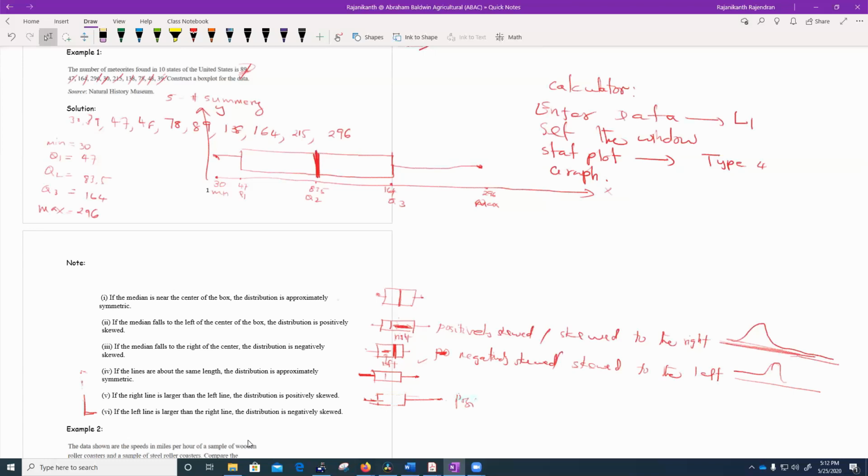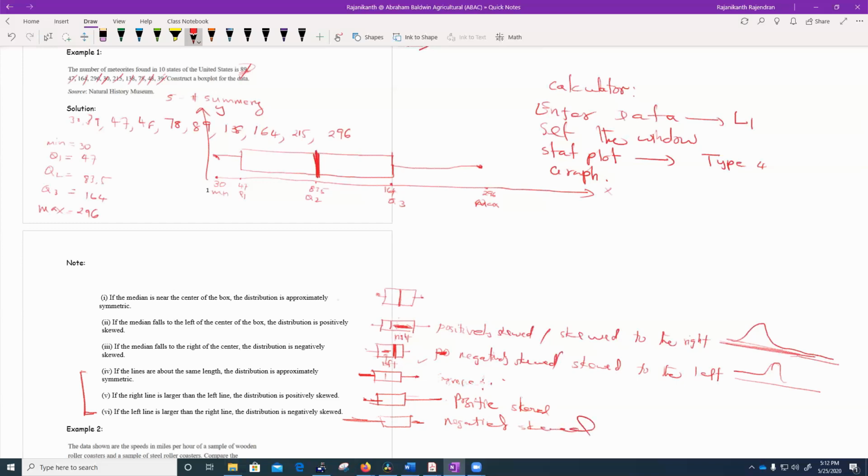This is positively skewed. This is symmetric. If the left line is larger than the right line, again, this is going to be negatively skewed, okay?